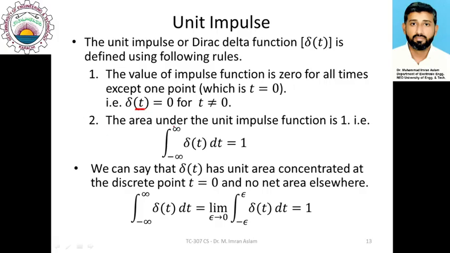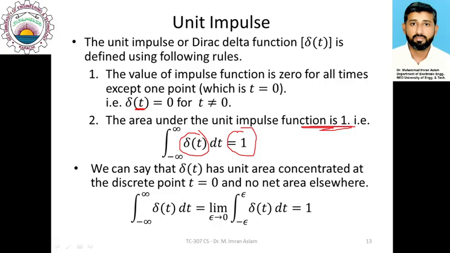The second property is that the area under the unit impulse function is always 1. The area under the unit impulse function is unity. That means if we integrate this delta(t) function, we will get 1, because integration is commonly used to calculate the area under any specific curve.